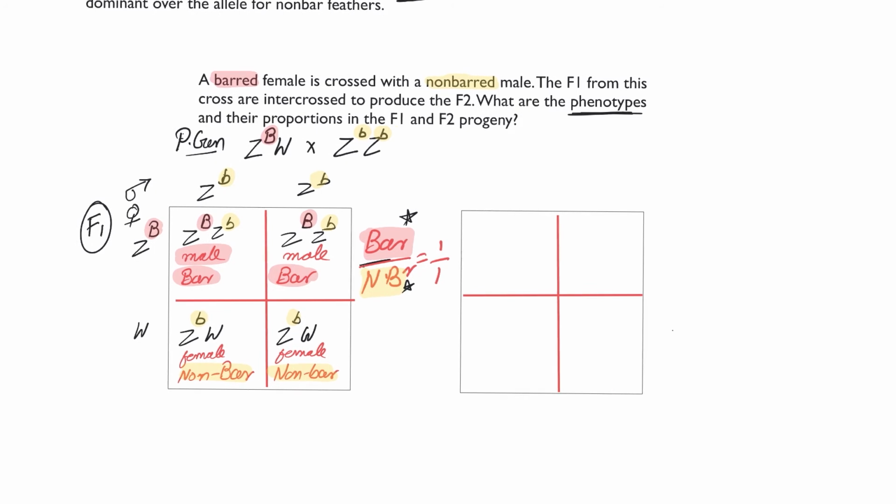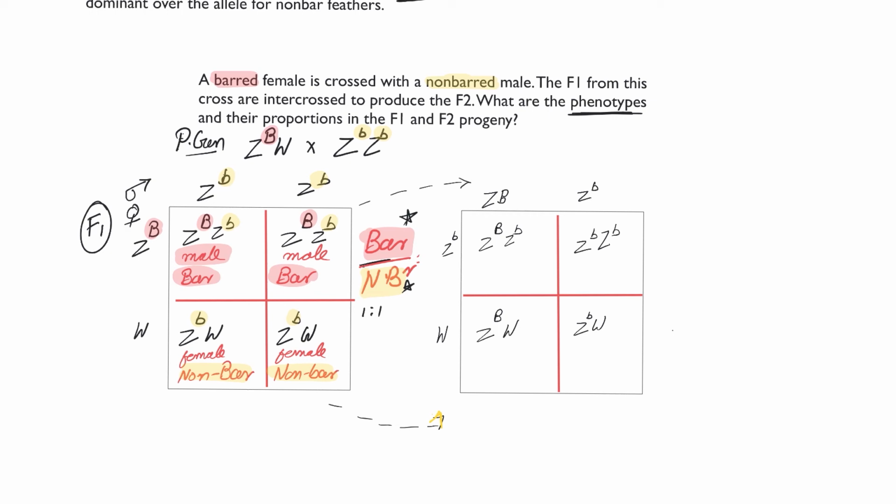We have Z big B Z small b, and Z small b W. We are writing the gametes directly here: Z big B, Z small b, Z small b, Z small b, Z big B W, Z small b W.